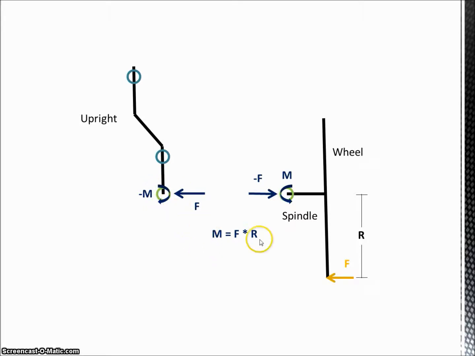And that makes sense if we think about it. If I have a cornering load coming to the left on the wheel, I'm also going to experience that same cornering force on the upright connection point. The difference is that we also have this moment, and that moment is the force times the radius of the wheel, or the perpendicular distance between the force arrow and the connection point.